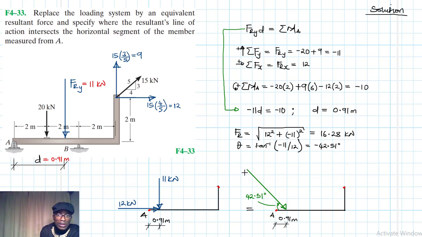That's our angle, and the magnitude of this we said is 16.28 kilonewtons. We have the equivalent force there, which intersects the horizontal segment of the member measured from A.